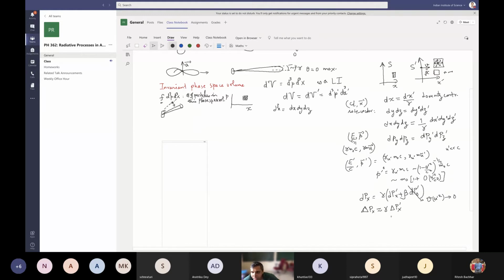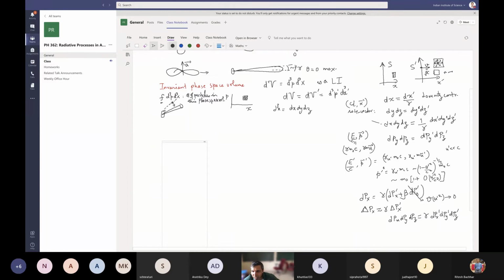So dpx dpy dpz is equal to gamma dpx prime dpy prime dpz prime. So this is the momentum part.